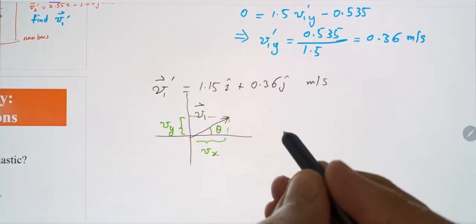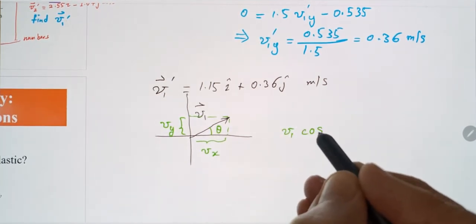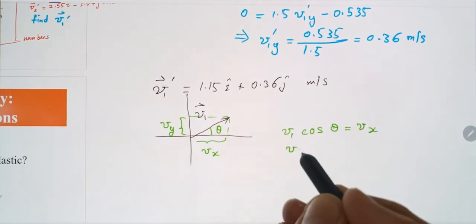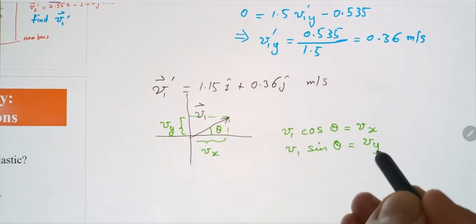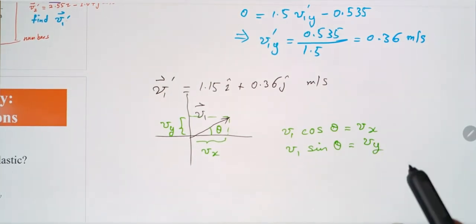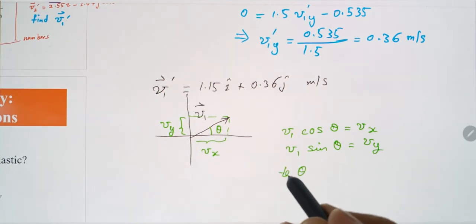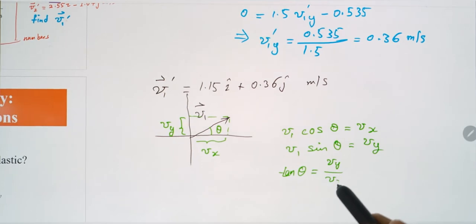So then V1 cosine theta is equal to Vx, and V1 sine theta is equal to Vy, or sine over cosine, tan theta is equal to Vy over Vx, whatever you like.